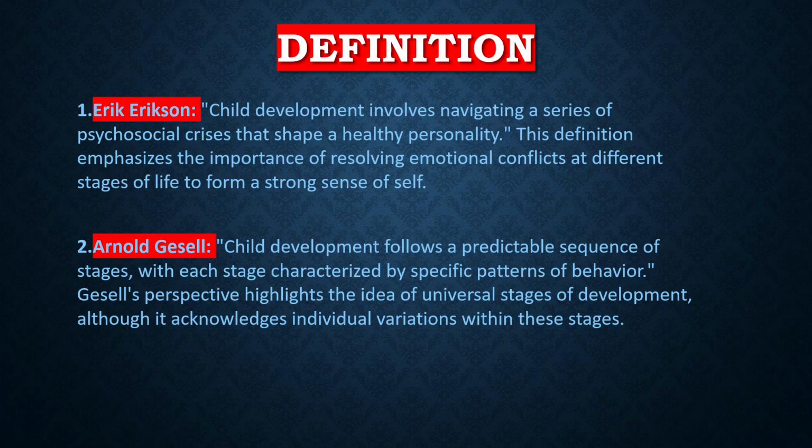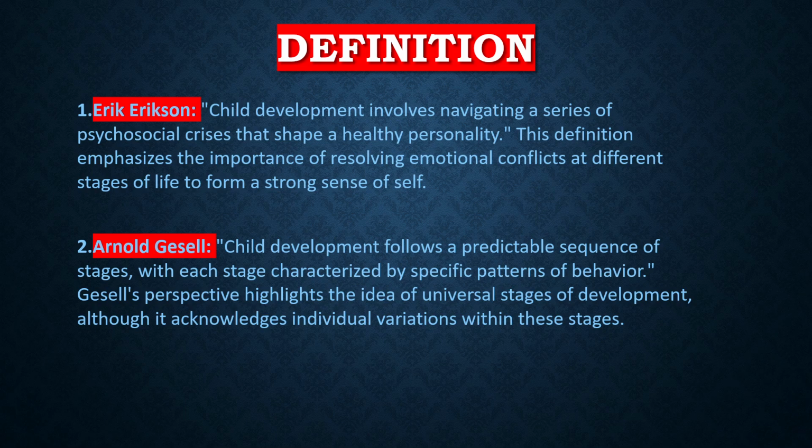Let's see another one, that is Arnold Gesell. I don't know whether I pronounced the name right or not, so don't mind. Child development follows a predictable sequence of stages, with each stage characterized by specific patterns of behavior. Gesell's perspective highlighted the idea of universal stages of development, although it acknowledges individual variations within these stages.